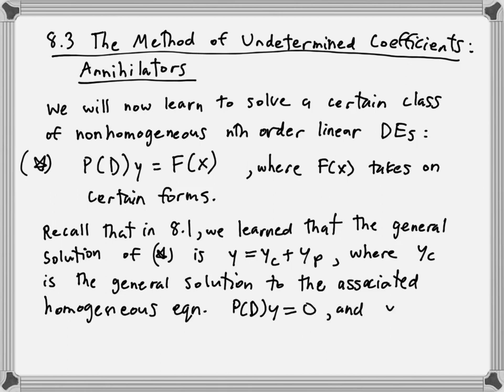And yp is a particular solution to star. Okay, so we need the yc, which is the solution to the associated homogeneous equation, and that's something you already learned how to do in the last section.